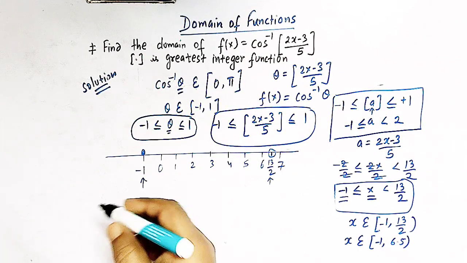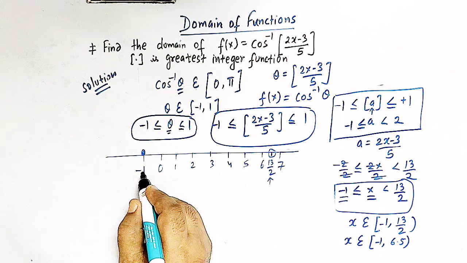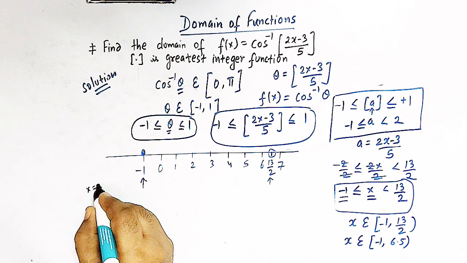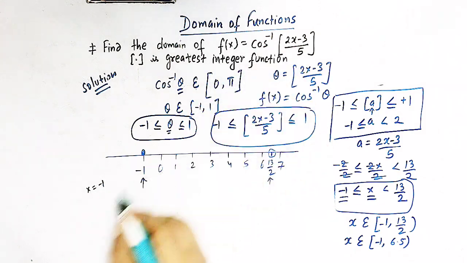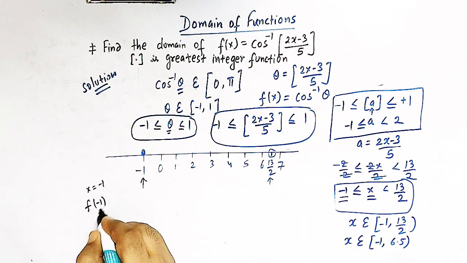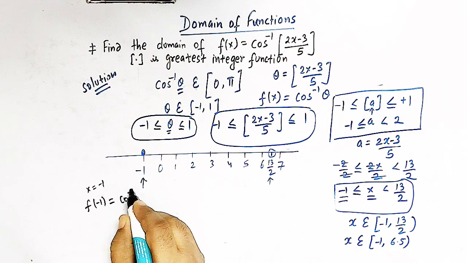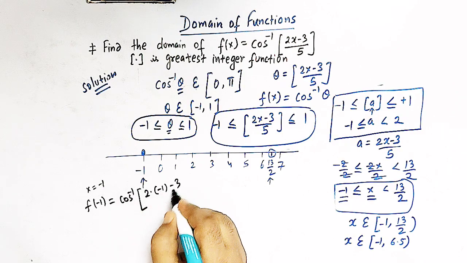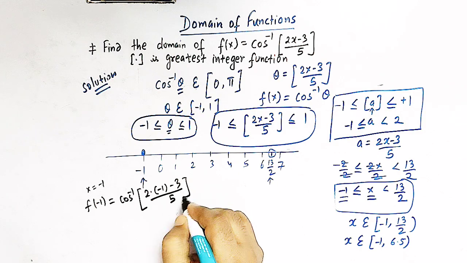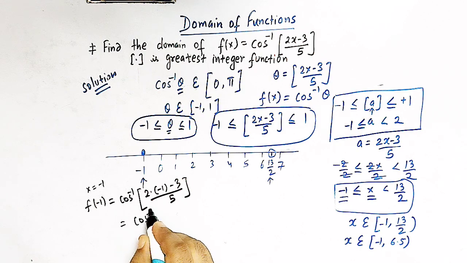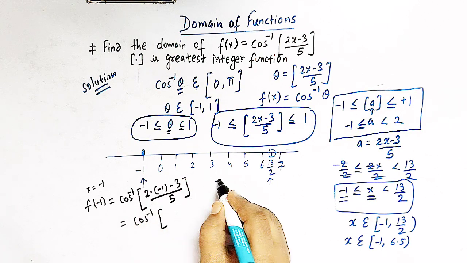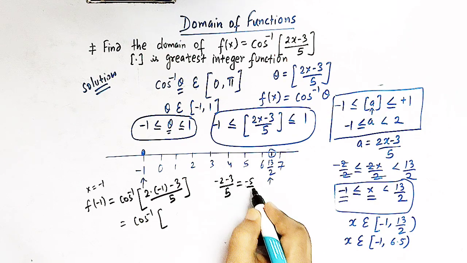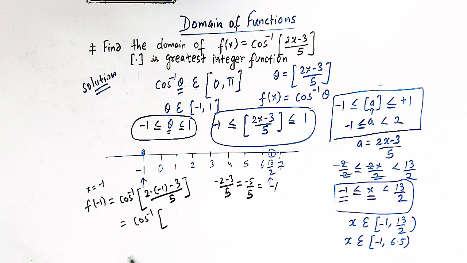So here we can easily see that -1 is included in our domain. So let us take x equal to -1 in this function. So we have f(-1), that is cos inverse of the greatest integer of (2 times -1 minus 3)/5. So here we have cos inverse of (-2 minus 3)/5, so this is -5 over 5, that is -1.